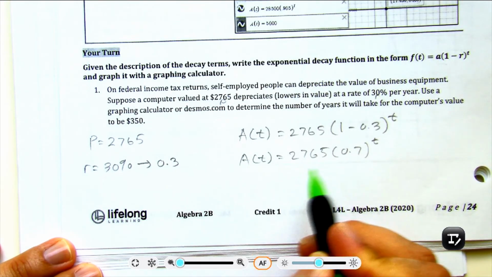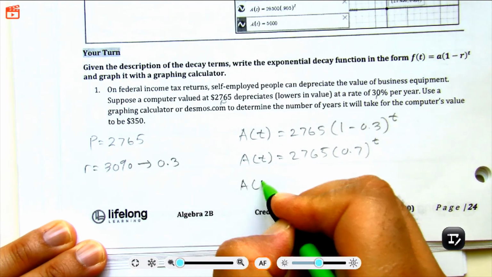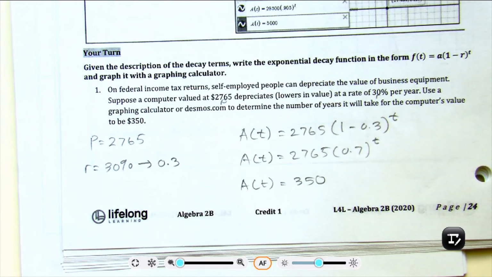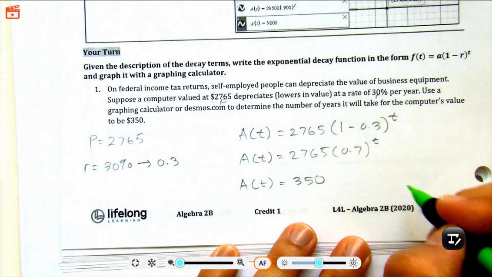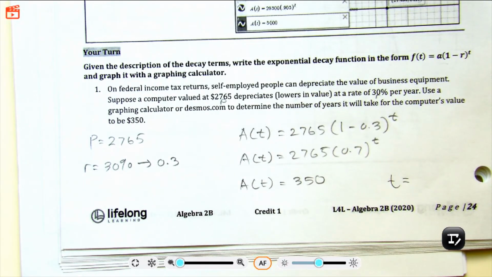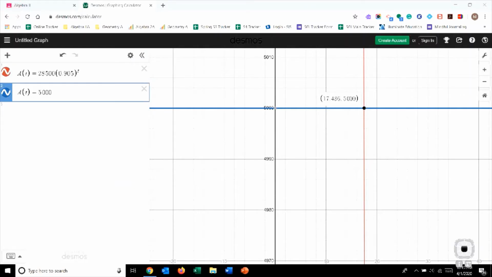And then the second equation that you're going to graph is A of t equals 350. And again, we're looking for the point of intersection because what we're trying to find out is how much time it is going to take. So what is t equal to? So let me again switch to Desmos. Let me clear out these equations.